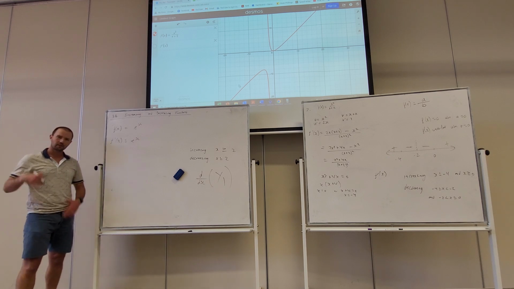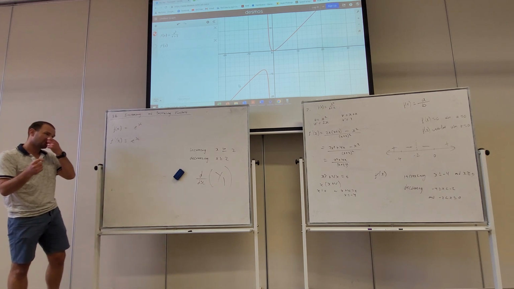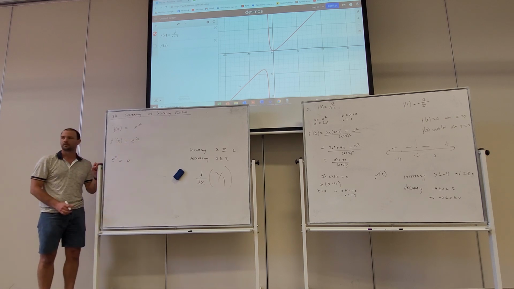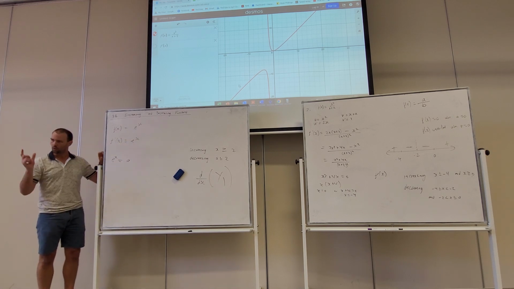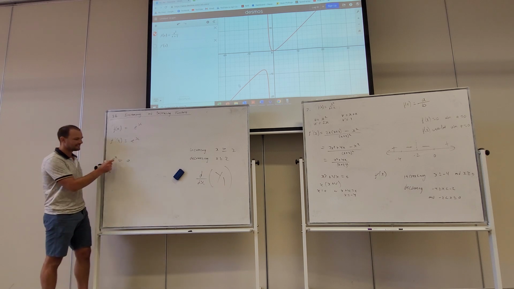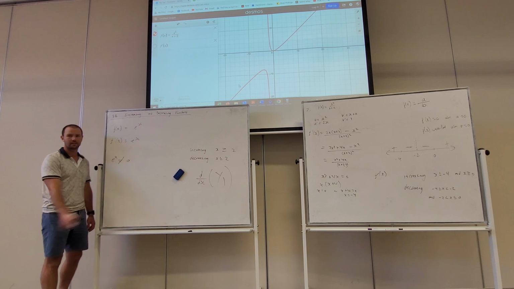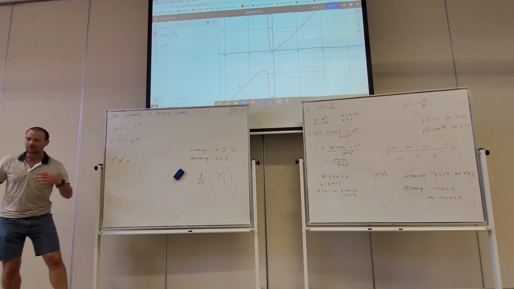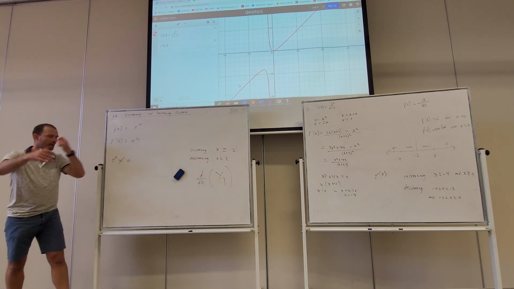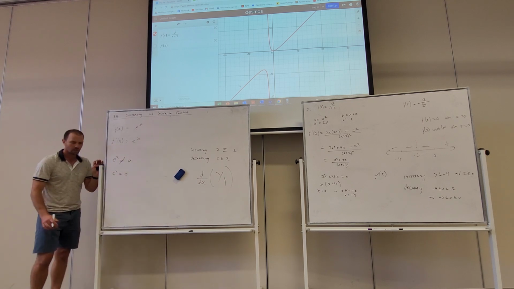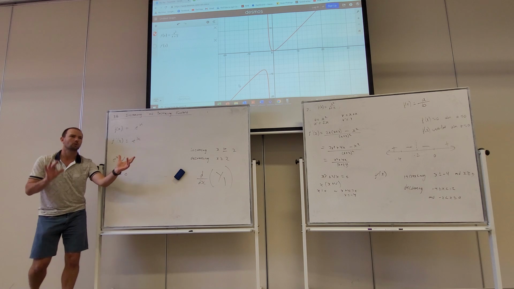All right, so if we're going to draw the sign diagram, we want to know, when does e to the x equal 0? Never. There are no solutions that make e to the x equal 0. All right? E to the x does not equal 0. Here's another way you can confirm it, right? If you were to solve this equation, you would take the natural log of both sides.